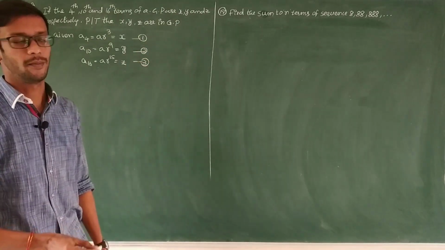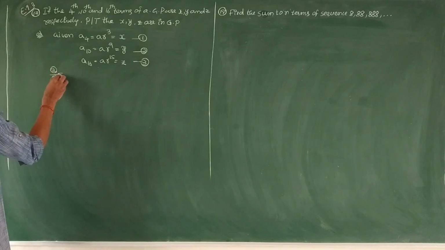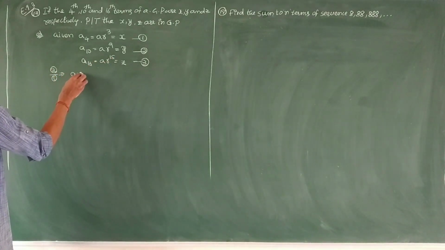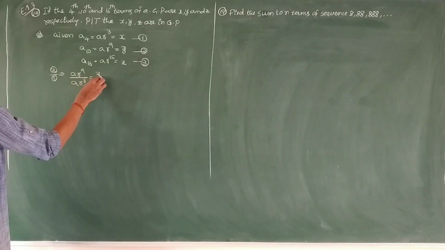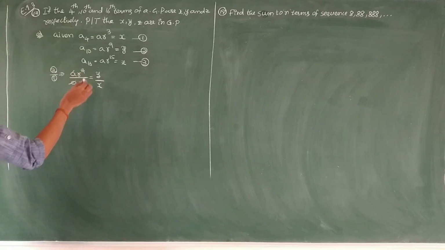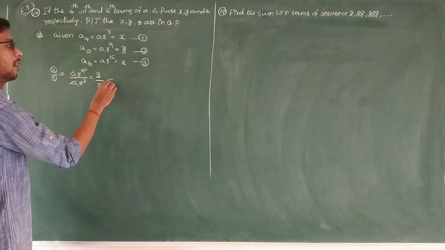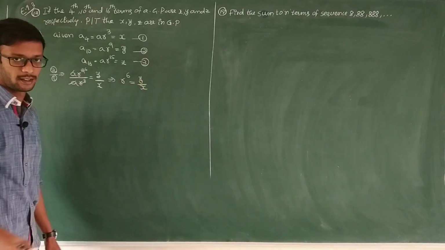So now I make the simplification of this one. 2 by 1 implies AR power 9 by AR cube is equal to y by x. A, A cancel. 3 R's cancel, means R power 6 you will get. R power 6 is equal to y by x.